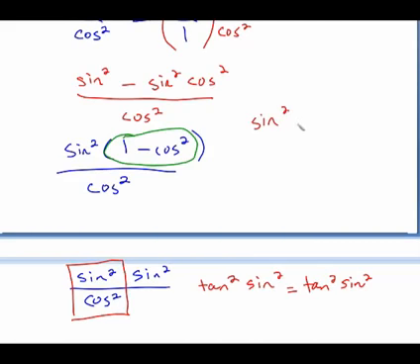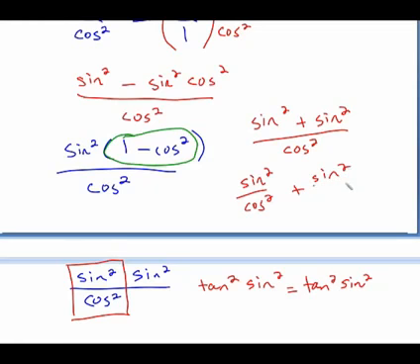Let's say we had sine squared plus sine squared over, it doesn't have to be sine squared, it could be something else, but let's say we have two separate terms being added over cosine squared. This can also be written sine squared over cosine squared plus sine squared over cosine squared.